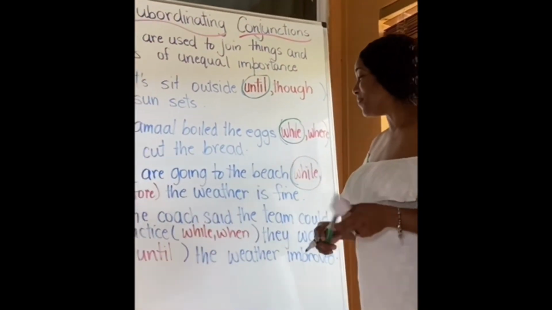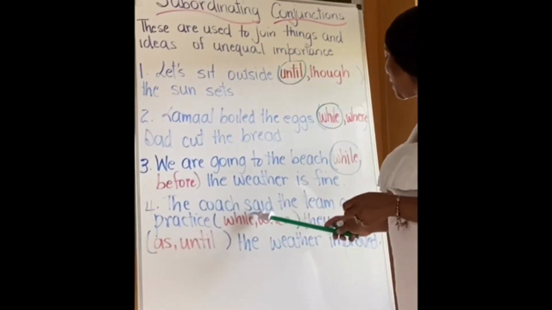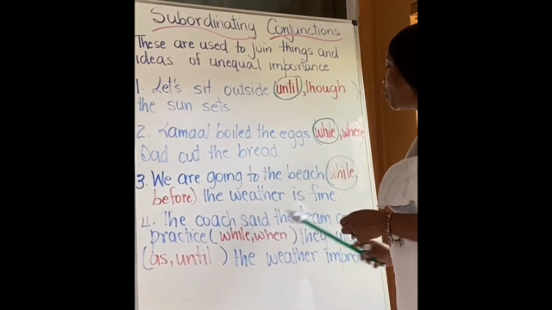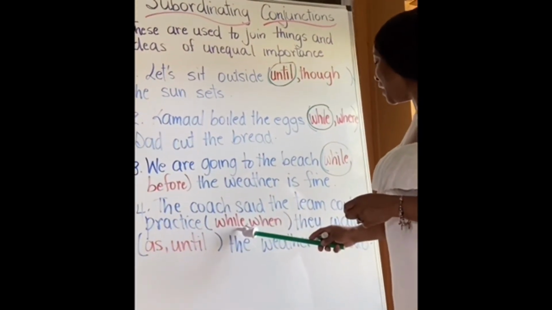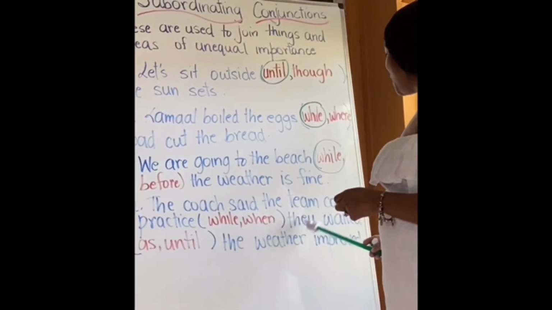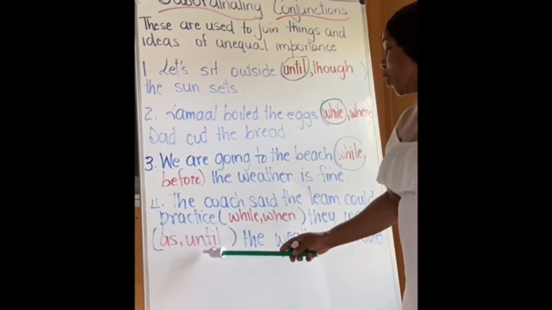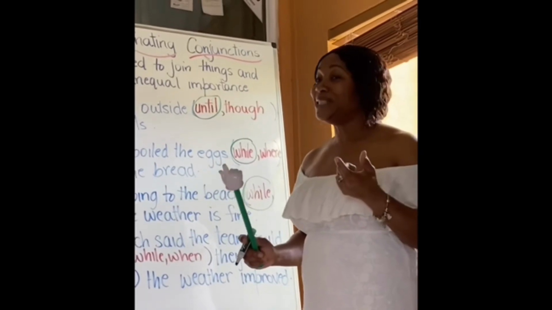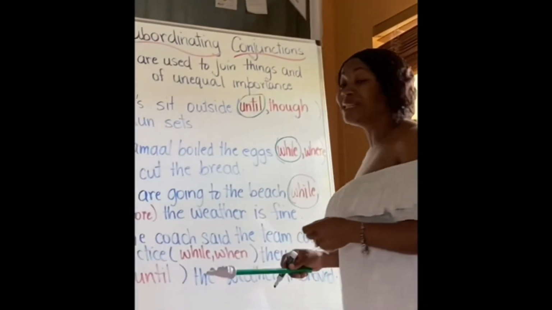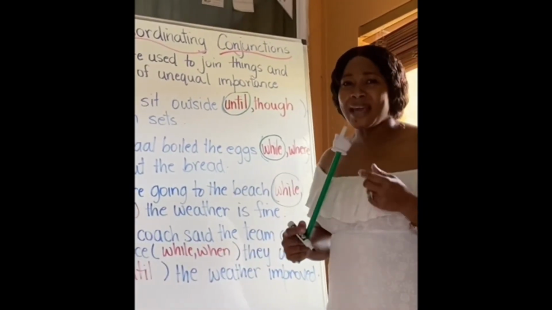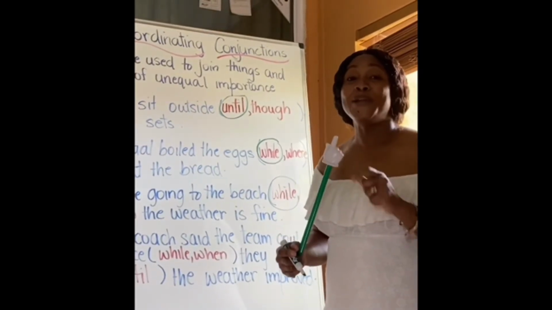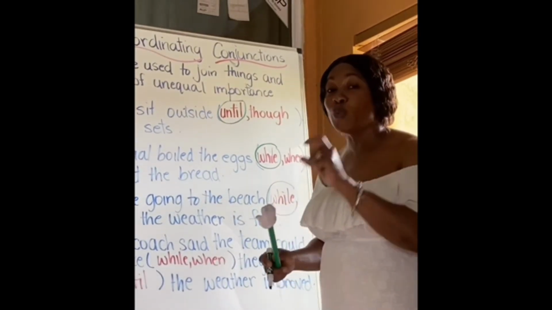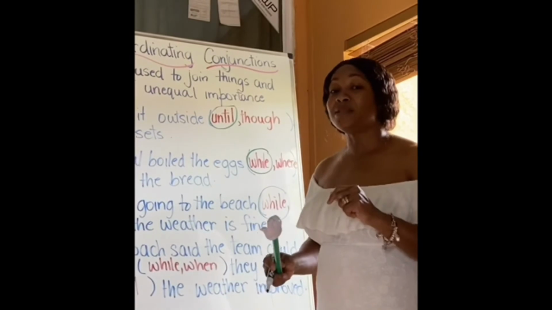Last one. The coach said the team could practice while or when they waited as or until the weather improved. Now, notice that when I read the whole sentence like that, I do not get much sense from it. But when you break it apart with each word at a time, it makes more sense.